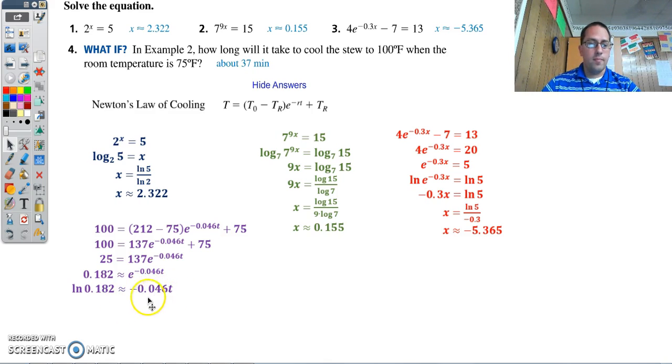Got to get t by itself, so I divide by the negative 0.046 and type that all in my calculator, and we end up with t is approximately 36.98, so it's going to take me about 37 minutes. It's warmer in the room, it takes longer to cool off.